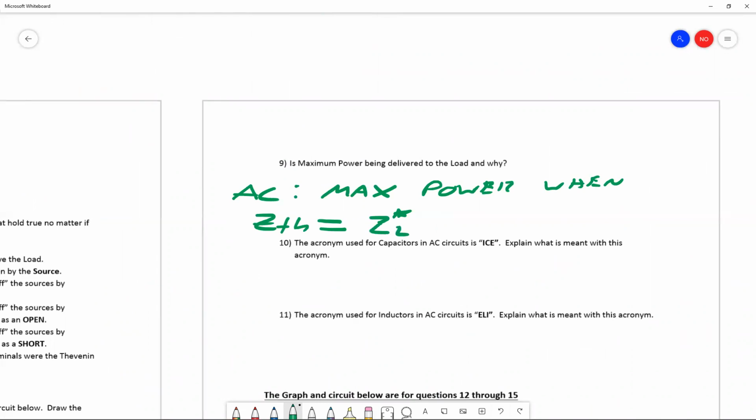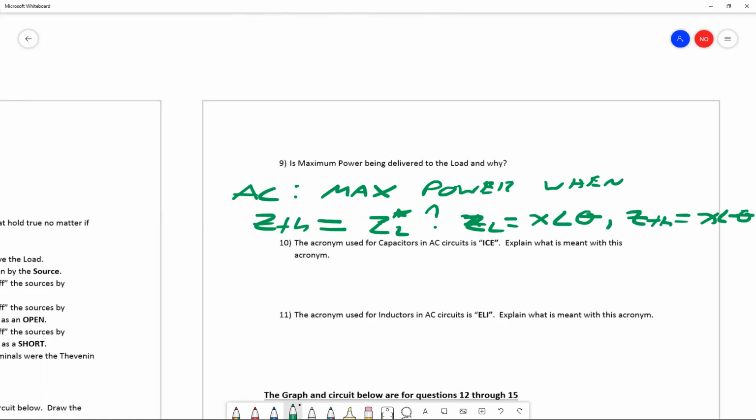What does that mean? That means that if the load impedance is some value at an angle theta, the Thevenin impedance is that same value at an angle of negative theta.